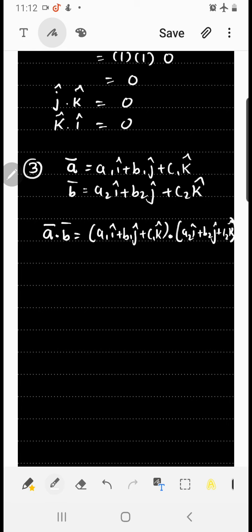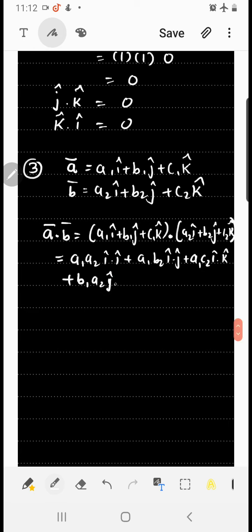Now please remember, dot product is, at the end of the day, multiplication. And if I multiply two brackets, what we do is open the brackets. So if I open the bracket, am I not going to get a1 a2 i cap dot i cap? The second term would be a1 b2 i cap dot j cap. The third term would be a1 c2 i cap dot k cap. And likewise, if I take b1 inside, I get b1 a2 j cap dot i cap.